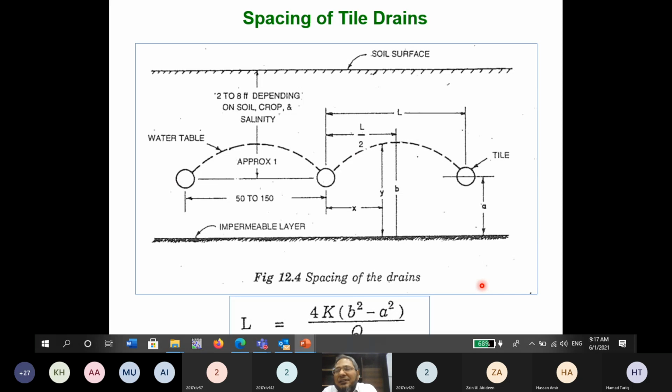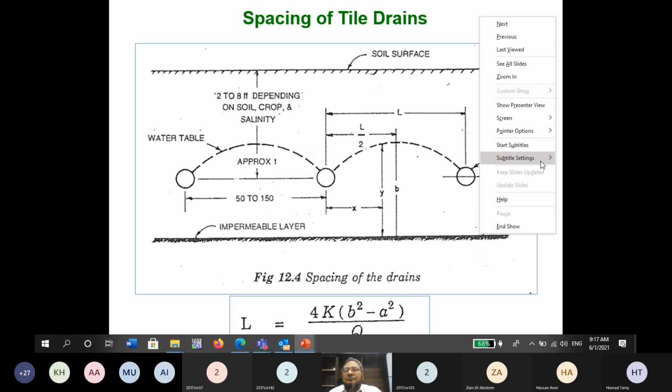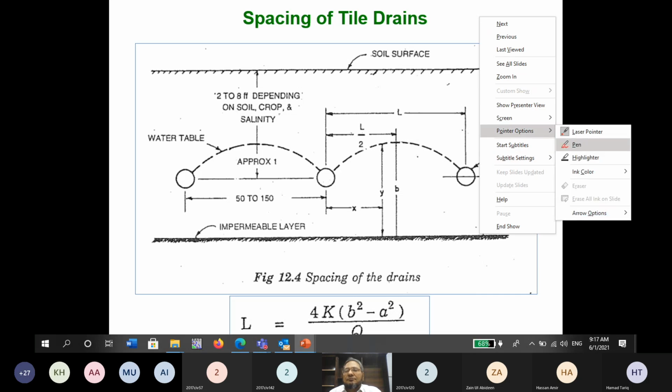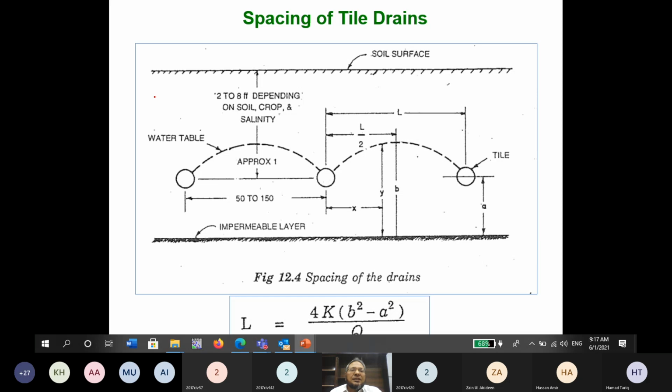What is the main purpose of tile drains? You know, initially the water table maybe was here, and due to these tile drains, now where has the water table gone?